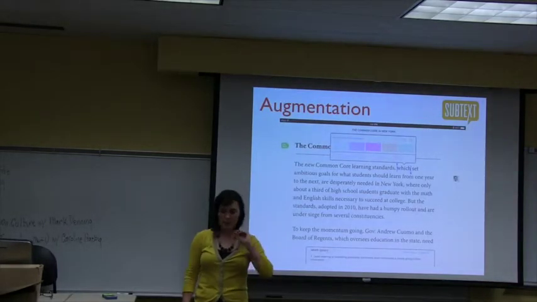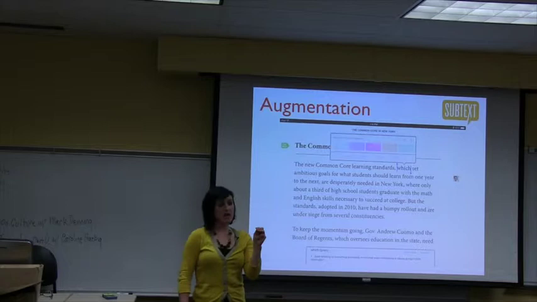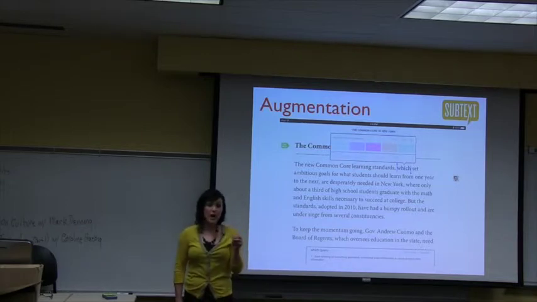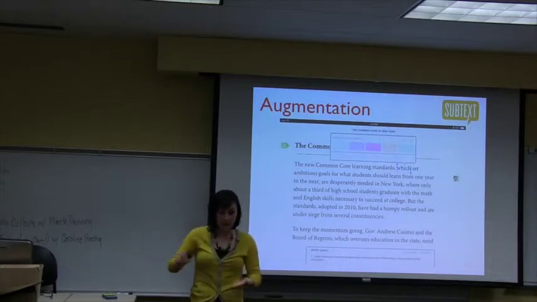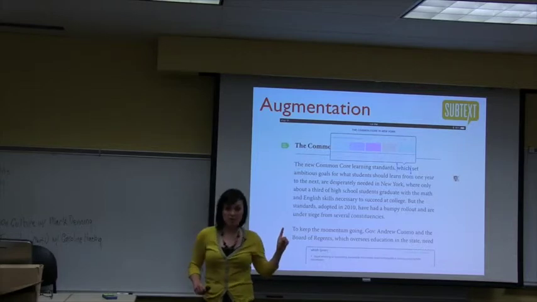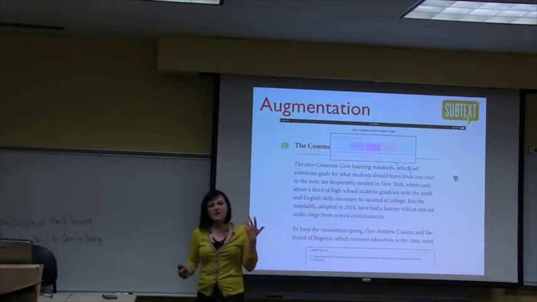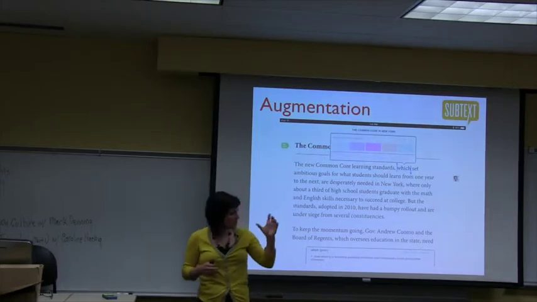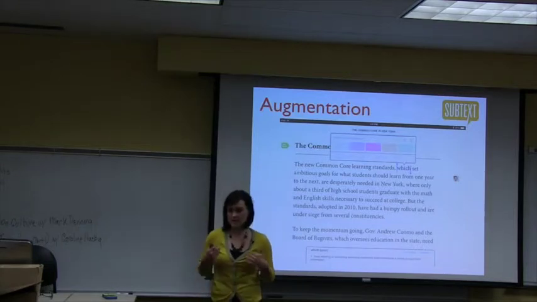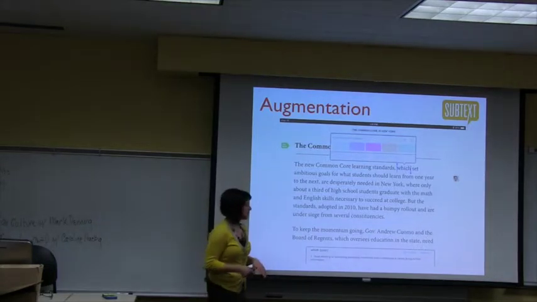Augmentation. This is when you have a slight functional change because of the technology. So now when you're typing your paper instead of writing your paper, at the augmentation level, you also have spell check, grammar check, those little modifications because of the technology that enhance your user experience.